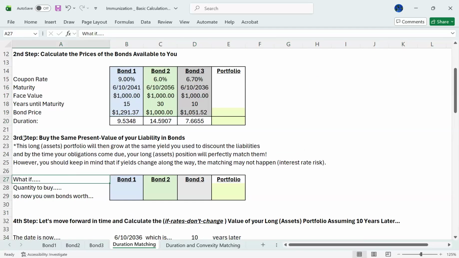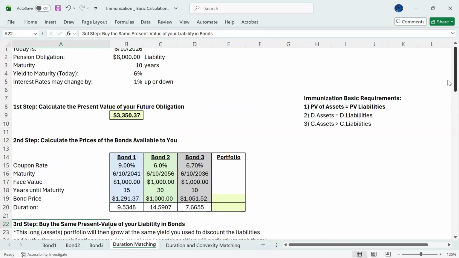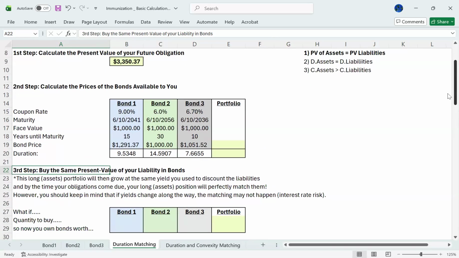Now, the next step is we need the present value of our assets to be equal to the present value of those liabilities. So if I'm only investing in bond one, the first hypothetical scenario, then I could do this by, well, if my liability total is this amount, 3,350, I just divide that.